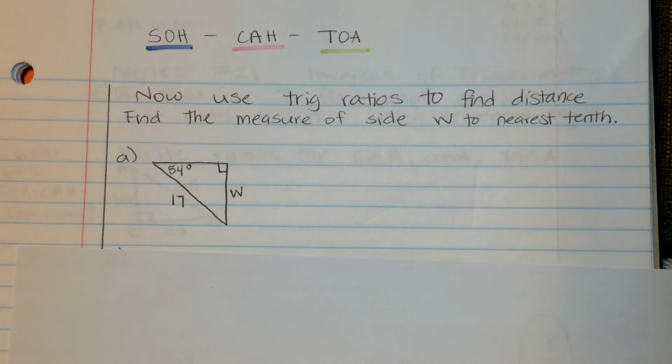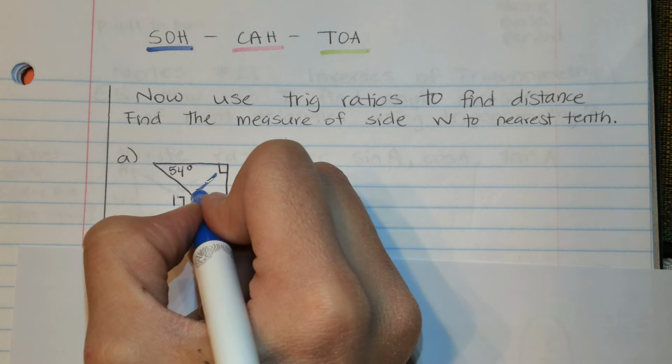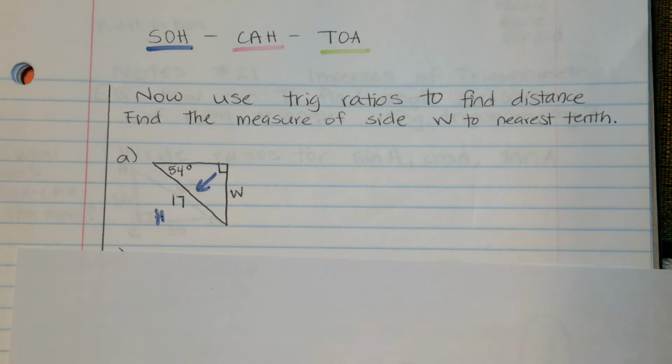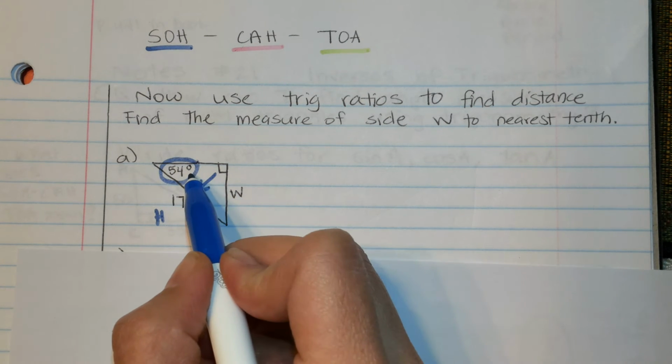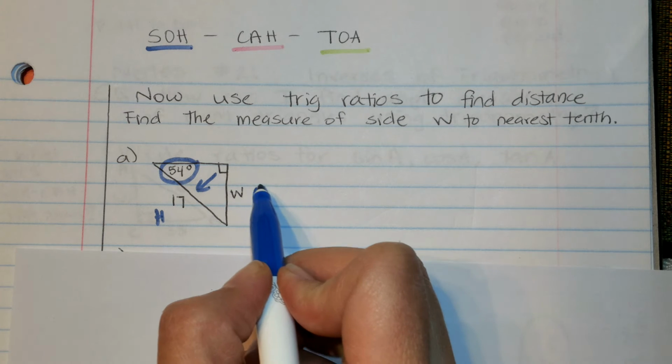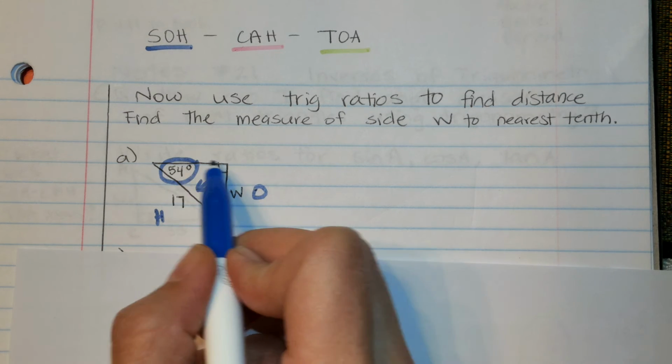Okay, so again, I'm not going to go too crazy with colors, but I do know that I have my hypotenuse of 17. I want to label it as H. And from this angle, you always maybe circle the angle that's given. From the angle, this would be O, it's opposite. It's not adjacent. The adjacent isn't given.